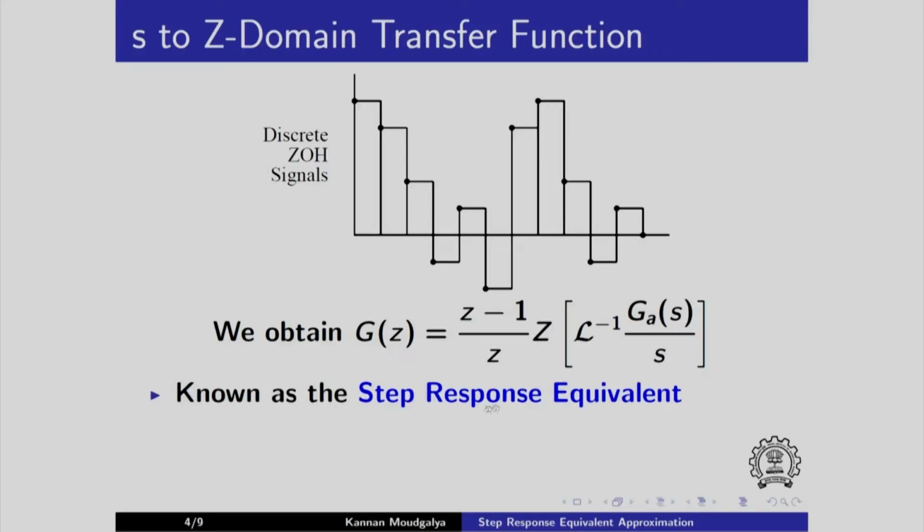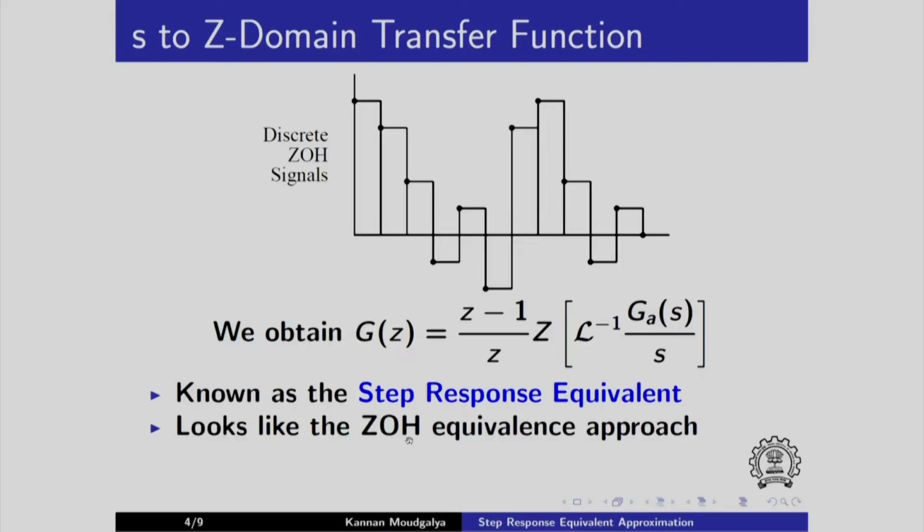This is known as the step response equivalent. This looks like the zero order hold equivalence approach that we studied earlier. This is step response because we are holding the signal constant. Here you can see that this looks like a step signal and so on. Here it looks like a negative step signal. So this is known as the step response approach.